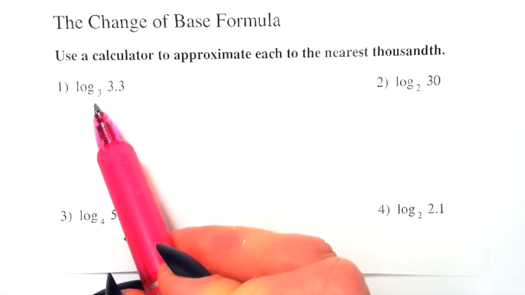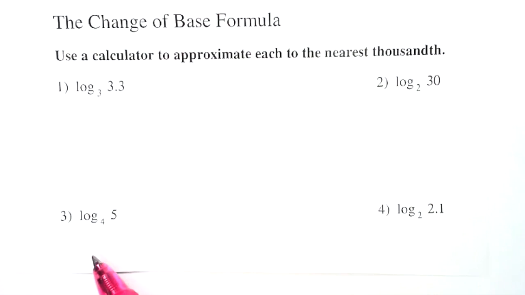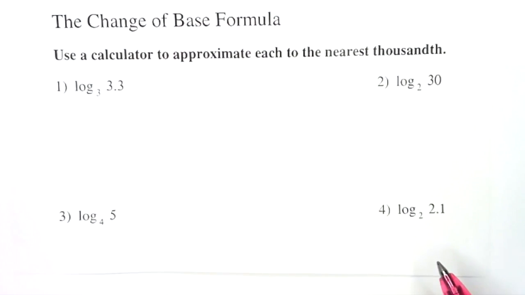I'm going to help you with the first one and show you how to do it on an iPhone calculator, and then you're going to do the next three on your own, and then I'll go over those answers with you. So make sure you're paying close attention. Rewind if you need to look at how I did it in the calculator again, or really stay focused if you're going to watch how I do it in the iPhone calculator. But keep in mind, in college or on a formal test of any sort, you're not allowed to use your phone calculator.